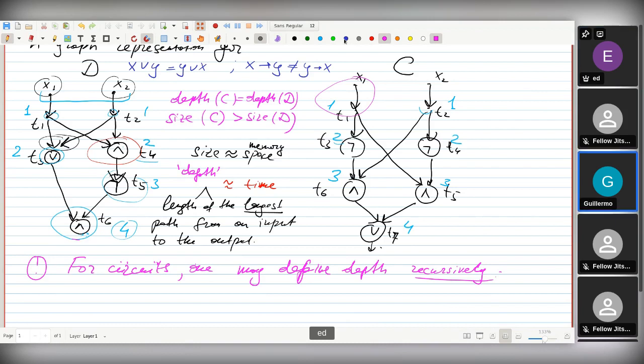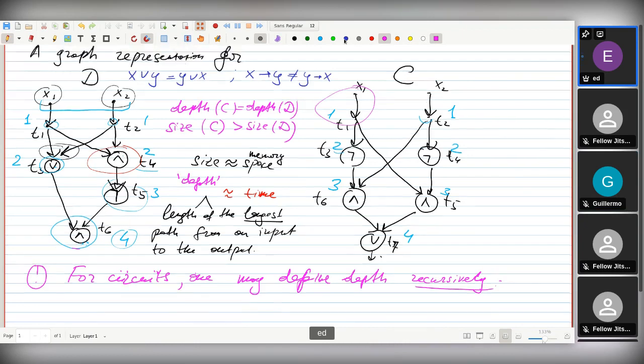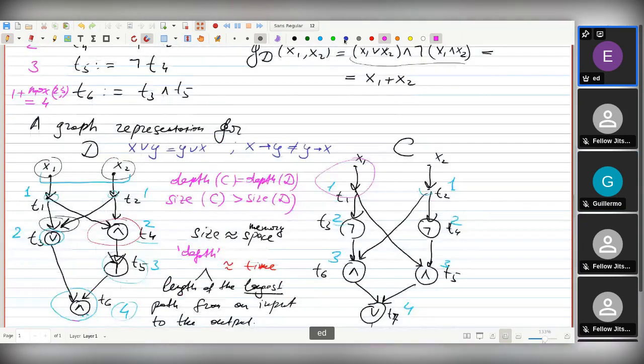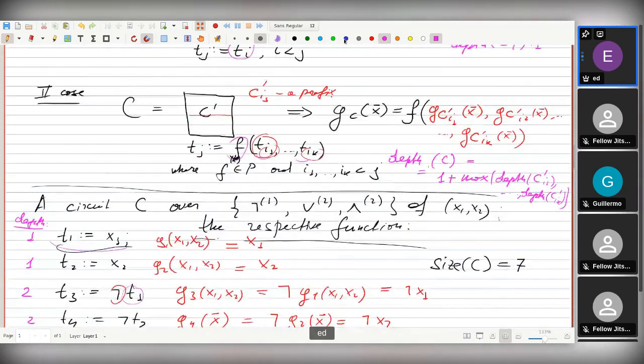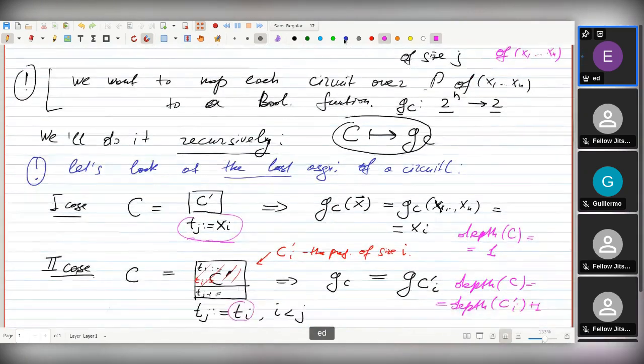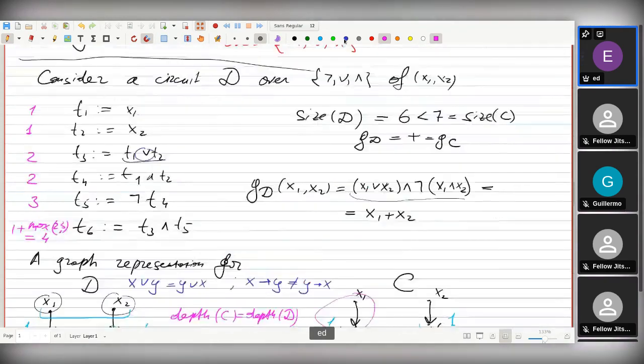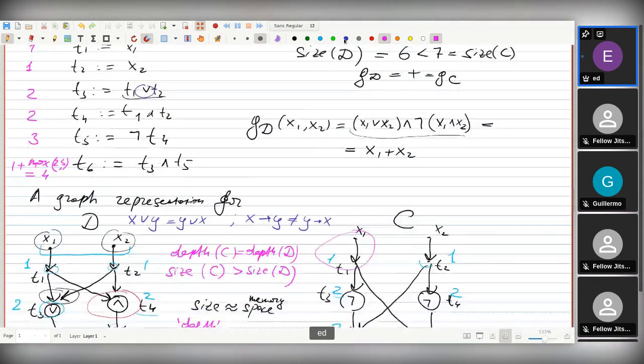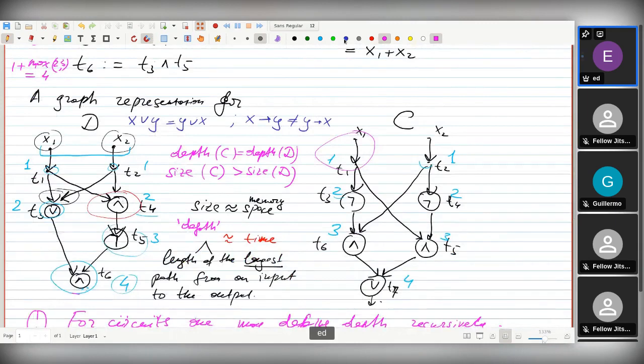Yes. So basically, we have 2 efficiency metrics for programs of our language, for our circuits. One is size and another one is depth. Depth is similar to time, size is similar to space.